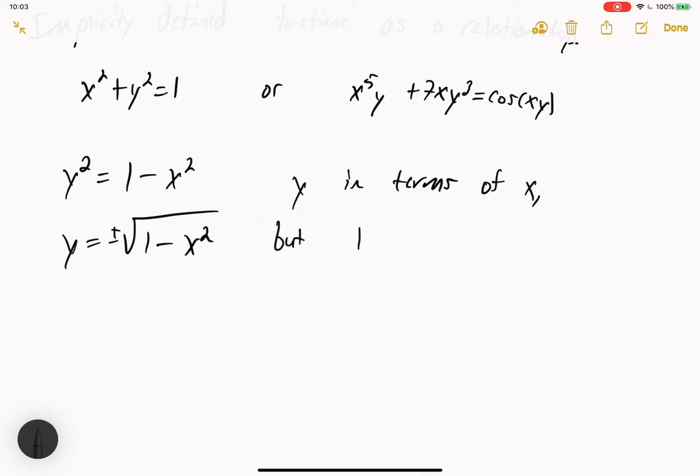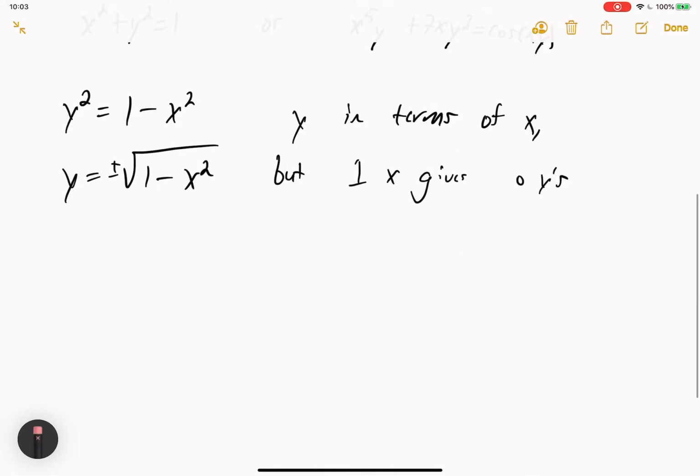So one x gives you 2 y's. Even then, this is kind of funky, but this gives us a way to define the unit circle.